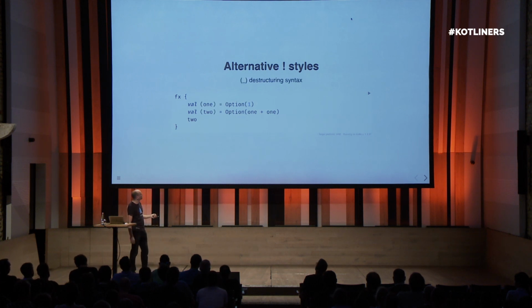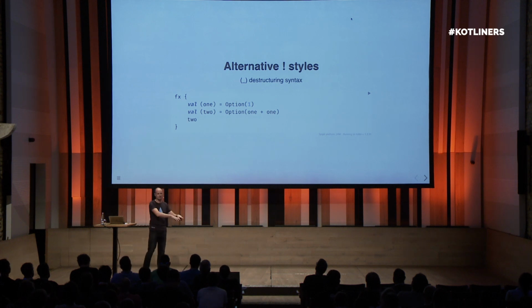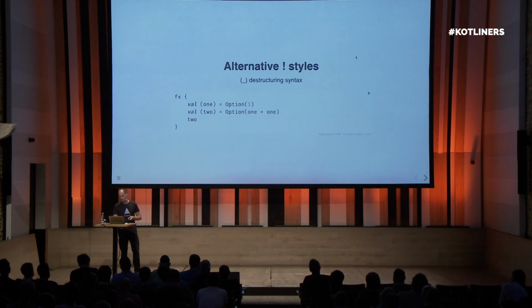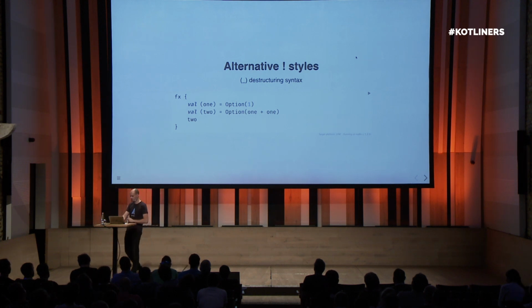You also have this one, which is using the destructuring support from data classes, so you can actually enforce it to extract the inner value. That's just an alternative syntax for the same thing. It's flat mapping under the hood and returning you the inner value. I'm not sure we are going to keep all of them forever. We'll probably try to conflate them into a single one so it becomes easier for the learning curve.